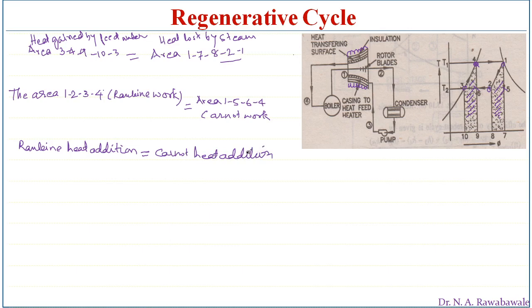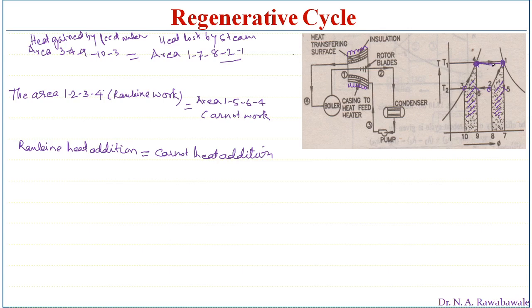How this Rankine heat addition is equal to Carnot heat addition we can see here. In this new cycle, heat is supplied between 4 to 1, and in the Carnot cycle also heat is supplied between 4 to 1, because we are supplying saturated water directly into the boiler.